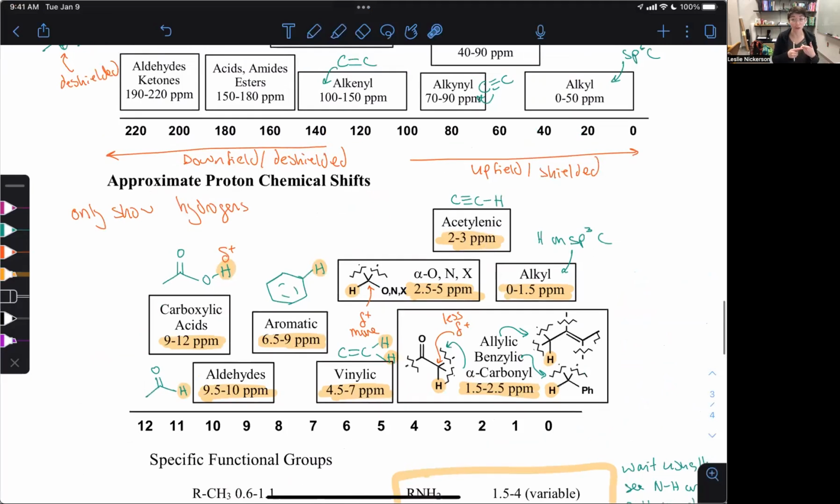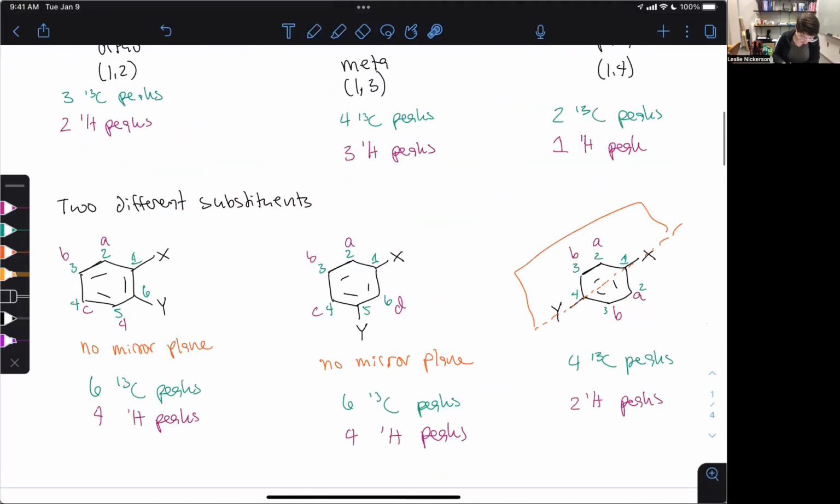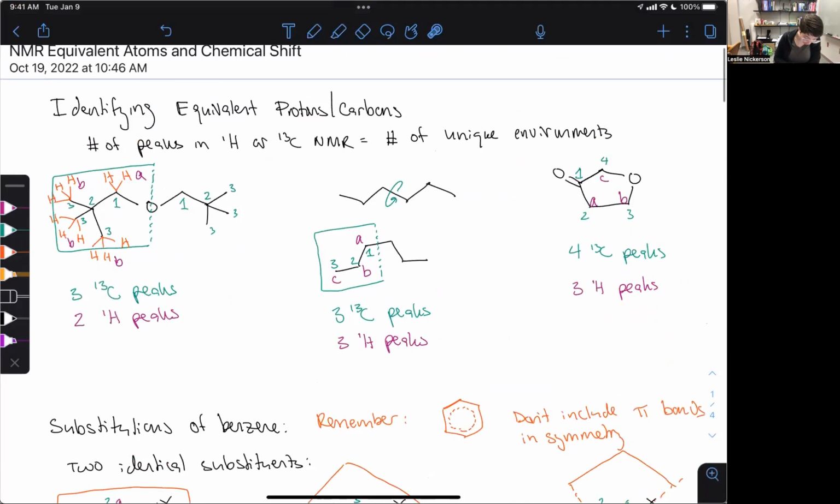I would say the very first thing that I look at is I count the peaks, so I get an idea of the symmetry involved, and then I look at the chemical shifts of those peaks, okay? Because if we go up and look at some of our examples that we had earlier, if I'm looking at this, my eye goes straight to that oxygen, carbon 1, and the protons on carbon 1, those are going to be my most downfield peak.